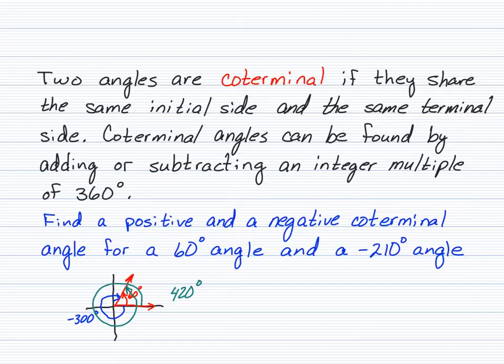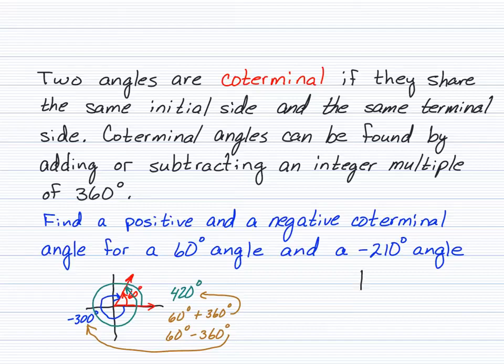Now, what that means is that we got our coterminal angles two different ways. You can take that original 60 degrees and add 360 to it. That gave us this angle. We could also take that original 60 degrees and subtract 360 from that. And that gave us the other coterminal angle. One of them was positive and the other one was negative.